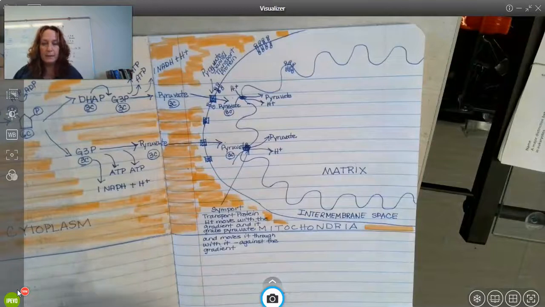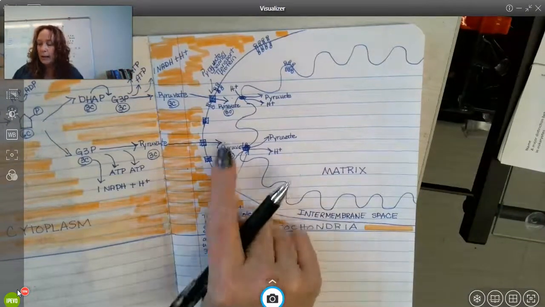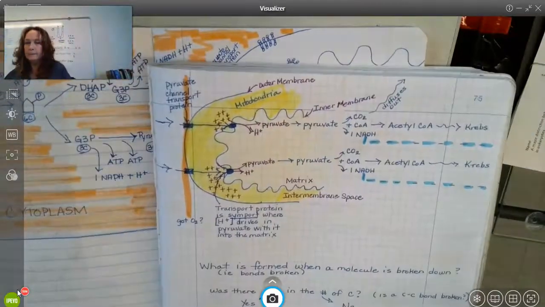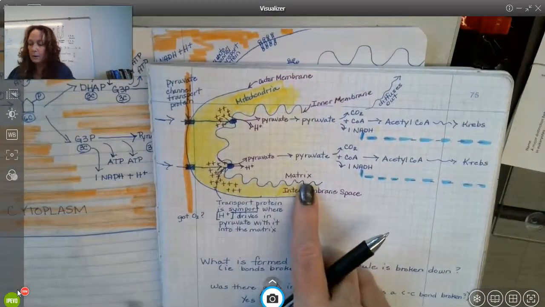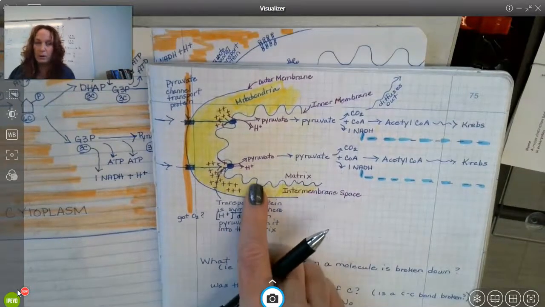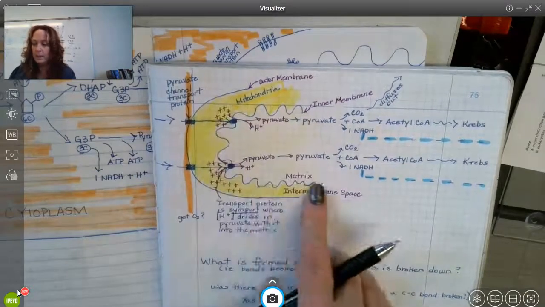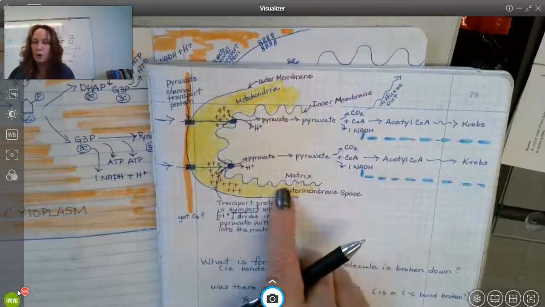So I'm going to stop this for a second. I'm going to draw, you draw. I'm going to do this shading. I'm going to go get a yellow. You could use a highlighter, but I'm going to go get a yellow colored pencil. And I'm going to make this very pale. And I'm going to make this intermembrane space darker.